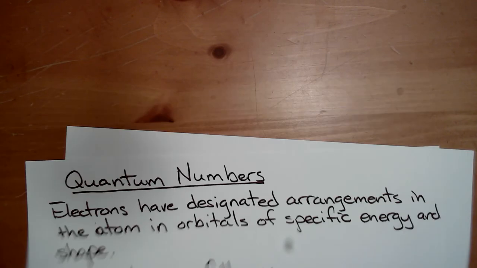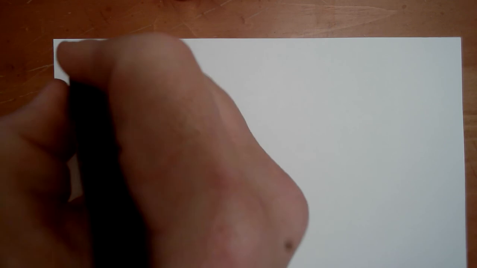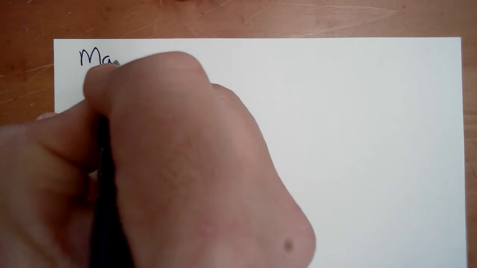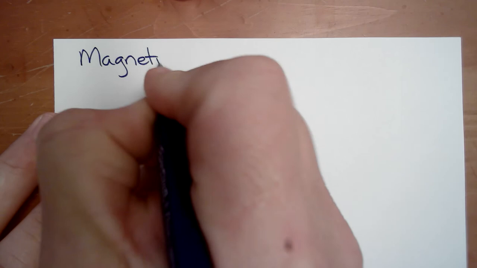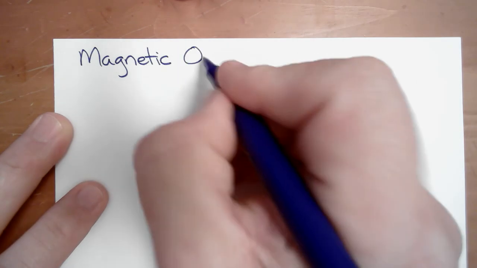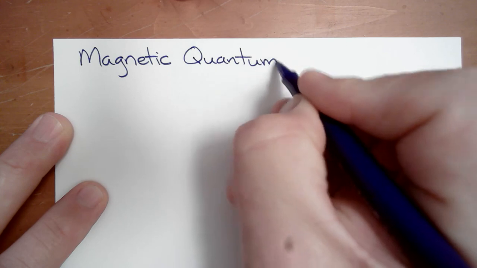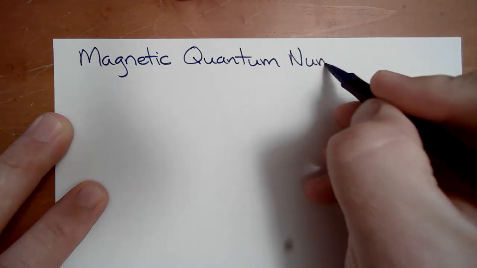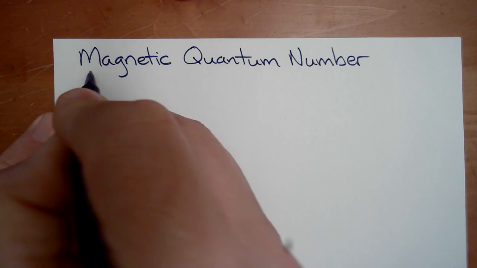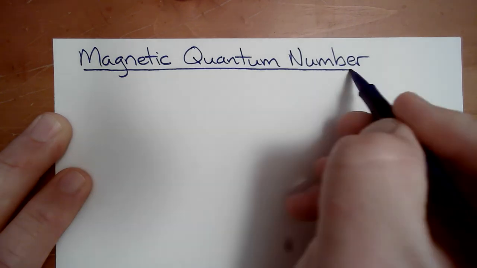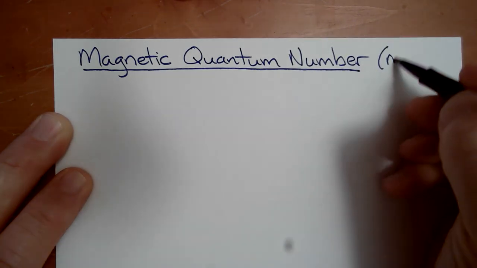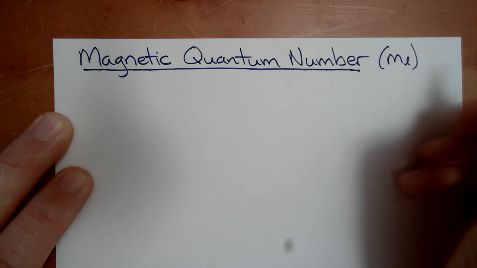Then we have the magnetic quantum number, and that is represented with m subscript l.